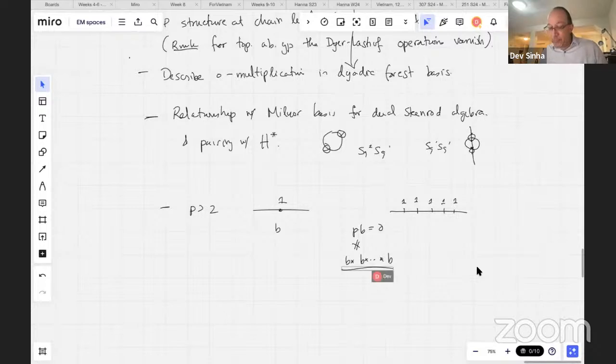Whereas this is defined by union. So this is in particular a class in a higher degree. P times B is still in degree one, but it's a boundary, and you can think of what it's the boundary of. This is just the beginning of the story, but those are two of the more important classes.